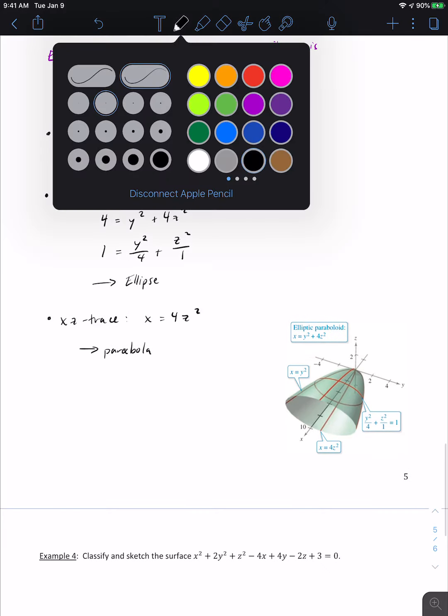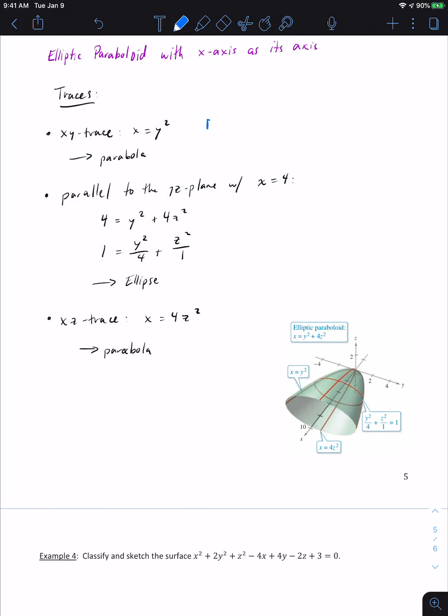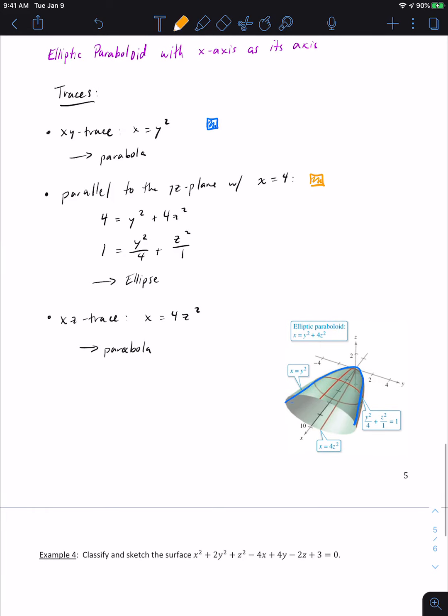So if I were going to draw these, let's make this blue, the xy trace. The xy trace would be this parabola right there. Again, it's not really the yz trace because we didn't get anything special from that, but at x equals 4, here is the x value 4, we draw an ellipse.